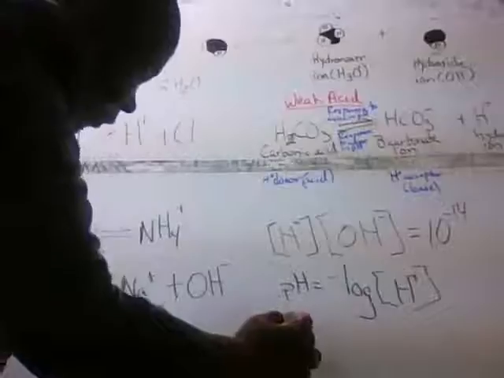So, a neutral aqueous solution would be 10 to the negative 7, which would be written as such.